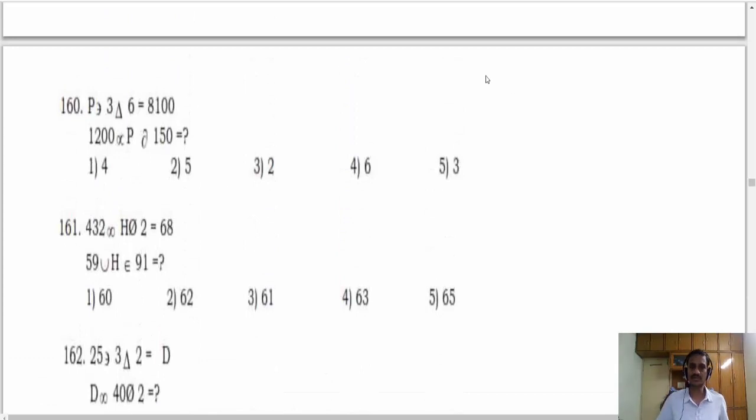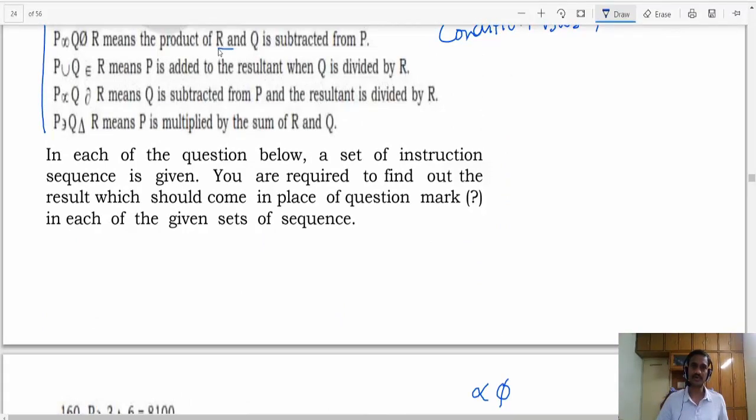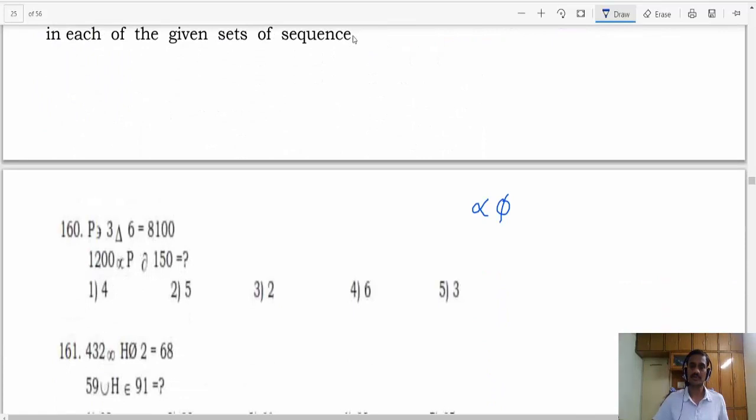Now this symbol, the given data, we must write very carefully. Now this symbol stands for. Then what is the data given to this one in this symbol? Now in this symbol, alpha and pi. Product of R and Q is subtracted from P. Product of R and Q is subtracted from where? P. That means P minus RQ.